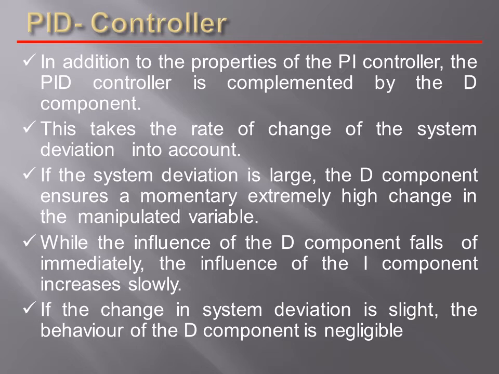If the system deviation is large, the differential component ensures a momentary extremely high change in the manipulated variable, while the influence of the differential component falls off immediately. The influence of the integral component increases slowly. If the change in the system deviation is slight, the behavior of the differential component is negligible.